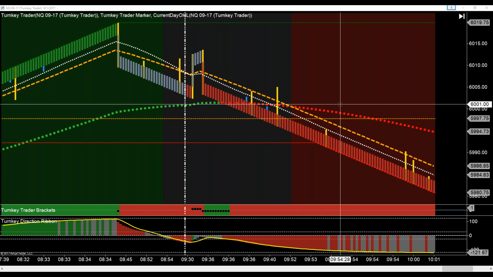And if you're using ChartTrader, yeah, because that's their default setting in the DOM. By clicking the mouse wheel, that's what puts in the stop limit order.